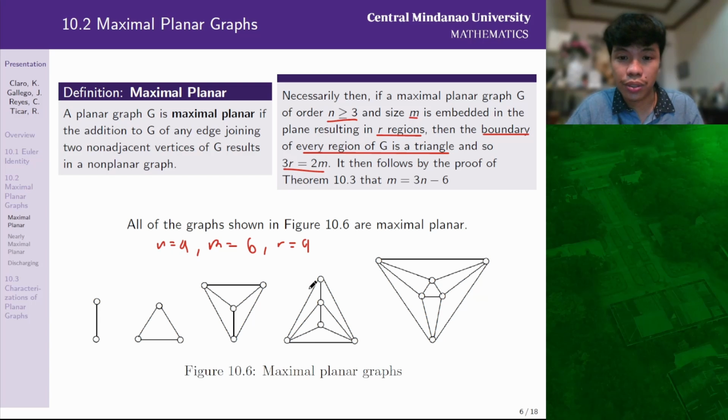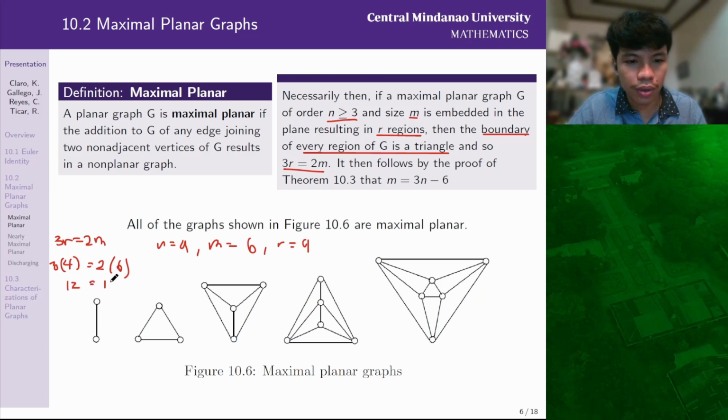Now let us test if 3 times the number of regions is equal to twice the size. So we have 3r is equal to 2m. The number of regions is 4, so 3 times 4 is 12, and twice the size, 2 times 6, is also 12.